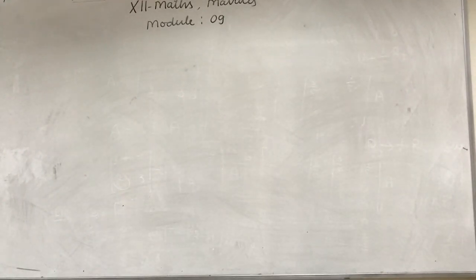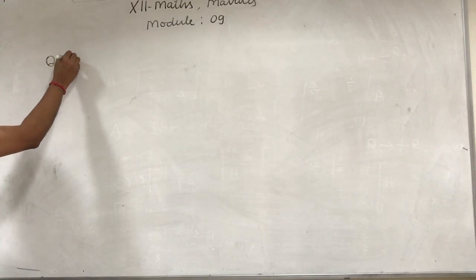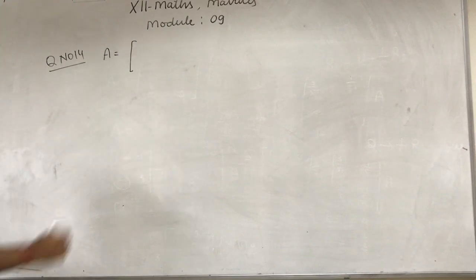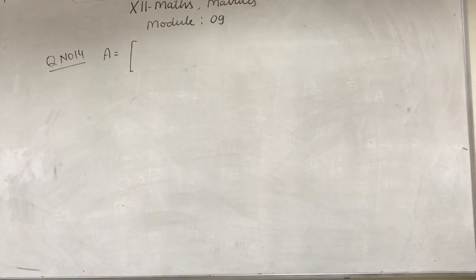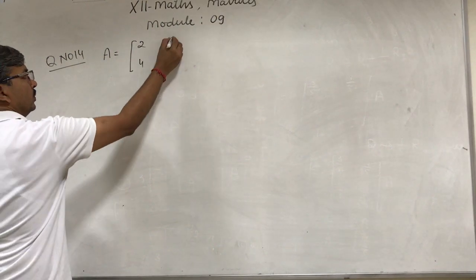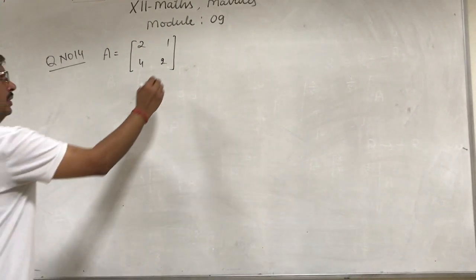Let me discuss question number 14. Matrix A is given: [2, 1; 4, 2]. Find the inverse of this matrix.